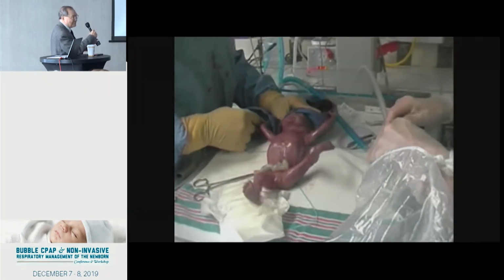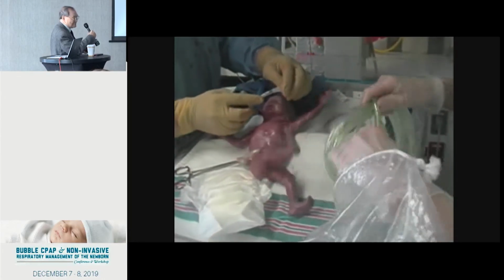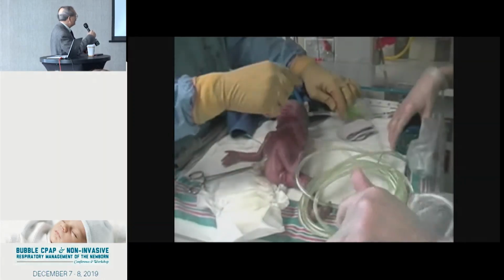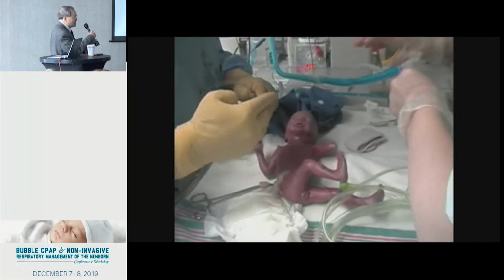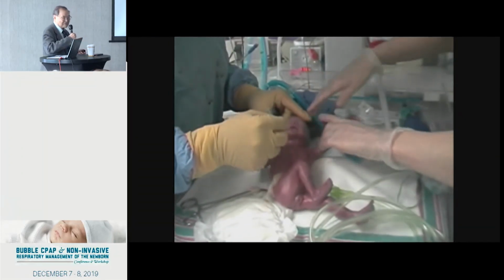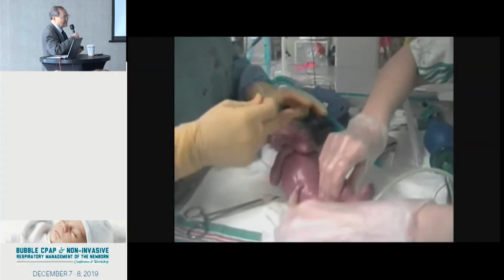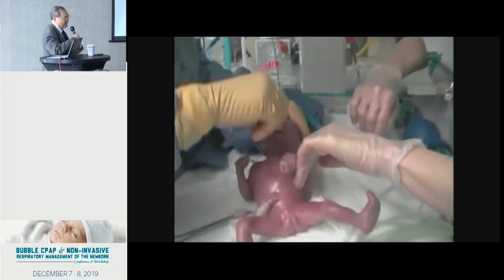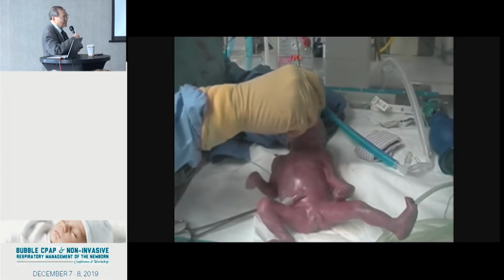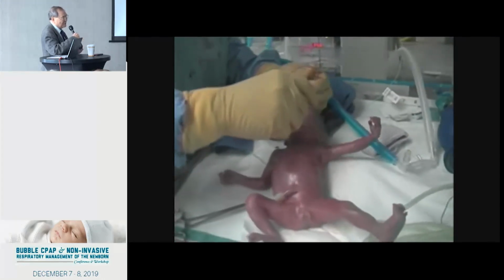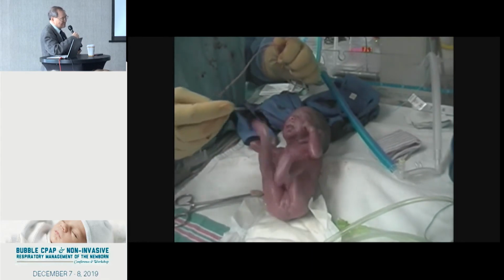Okay, this baby is moving, kicking like that, so he can be on CPAP. So the baby, even after resuscitation, you watch and see how they breathe, and you can put on CPAP. That's in premature babies often. If the obstetrician takes a little bit longer to deliver a baby, they're almost all in need of resuscitation.